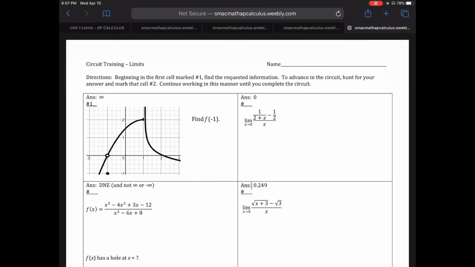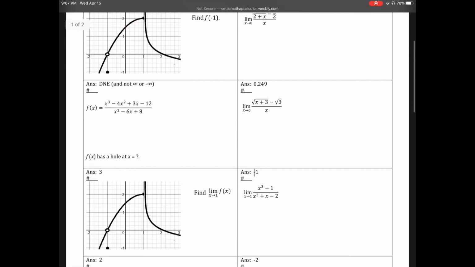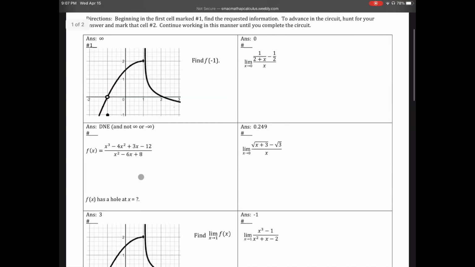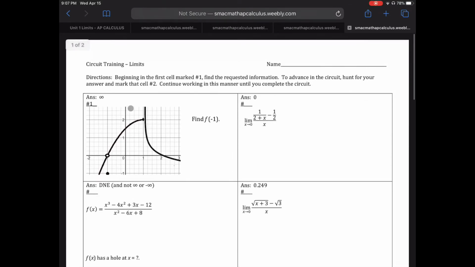You would scroll through these answers until you find an answer that said -1. You would then call this problem number 2. You would do this problem. Let's say you got an answer of 3. Then you would go here, find the answer that was 3, and you would write the number 3. Once you finish all the problems, the last problem should take you to an answer of infinity, which takes you back to where you began.